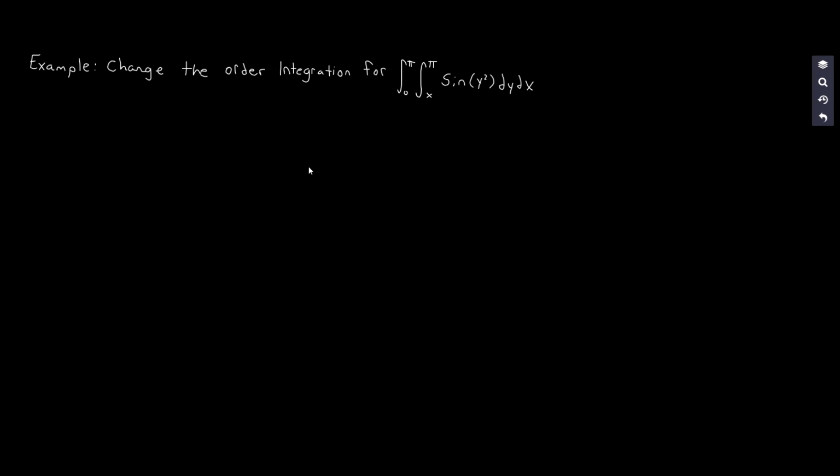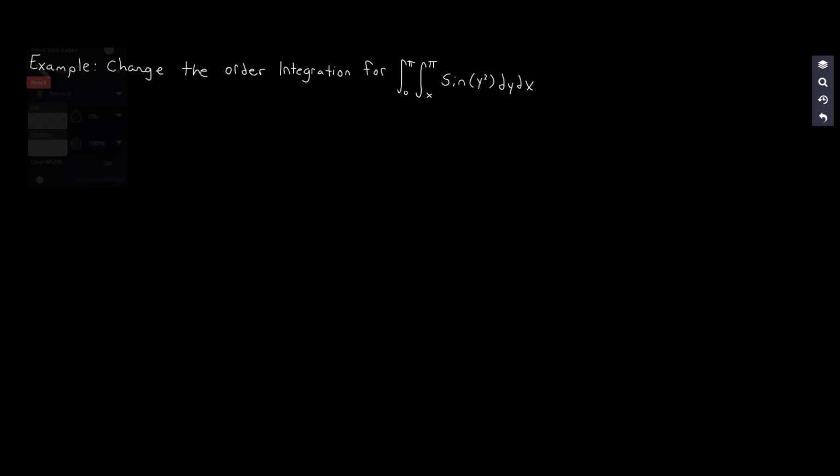So the first thing that I need is the region R. So first I have to find the region R. Now dy is first, so x is the lower bound, and pi is the upper bound, and dx is second, and so it goes from 0 to pi. So this tells me two things.